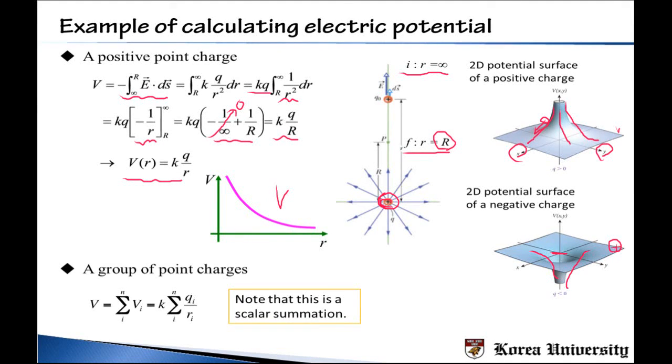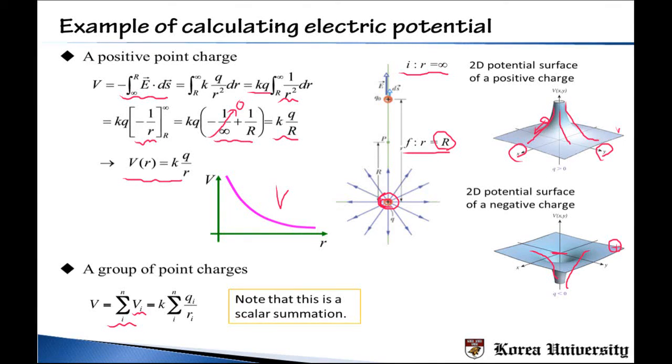And what will happen if you have more than one charge, or a group of point charges? Then it's very simple. Remember, each point charge will contribute independently to the electric potential. So all you have to do is calculate the electric potential from each point charge, which is Vi, and then make a summation.